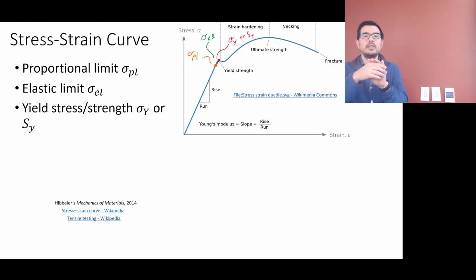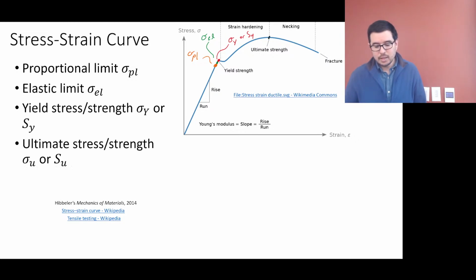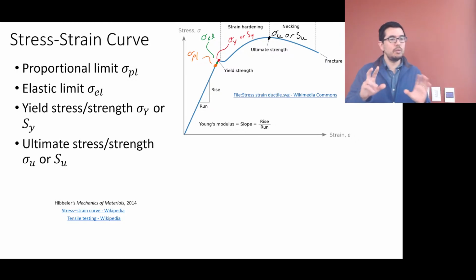So the proportional limit, the elastic limit, and the yield strength are often just assumed to be at the same location for most intents and purposes. We'll discuss a little bit about how you might calculate a yield strength later.